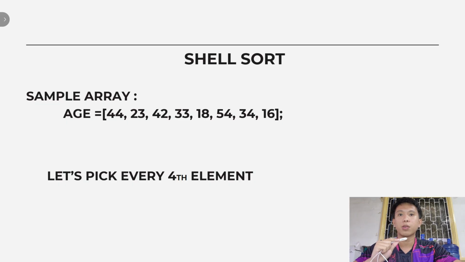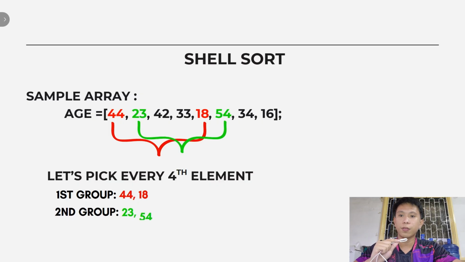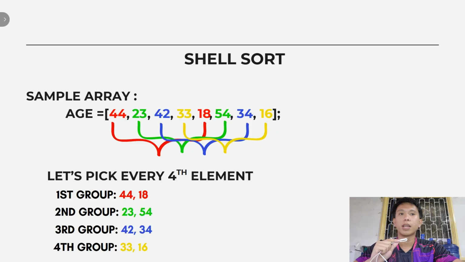The first pair will be 44 and 18, that will be our first group. Next would be 23 and 54, our second group. 42 and 34, our third group. And lastly, 33 and 16 will be our fourth group. After pairing every fourth element in our list, we will perform insertion sort to partially sort every pair.